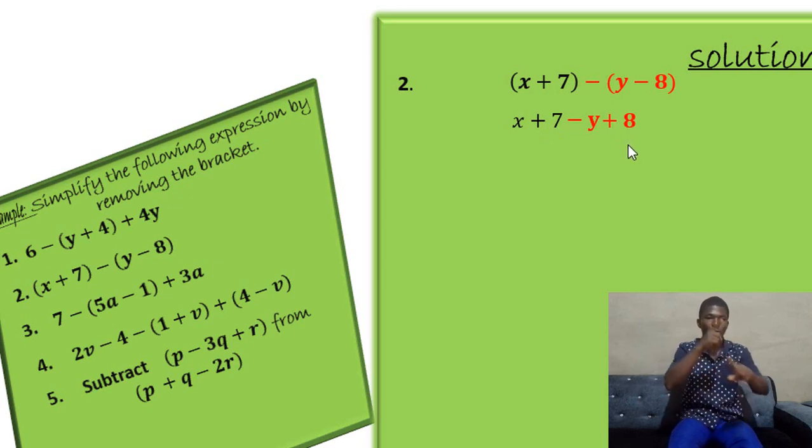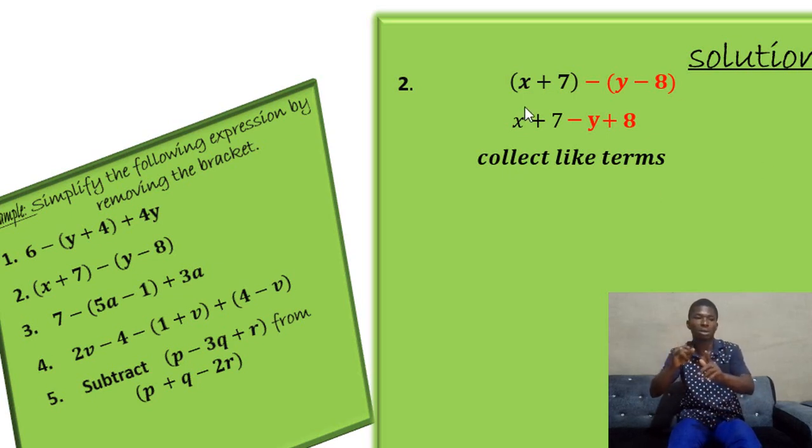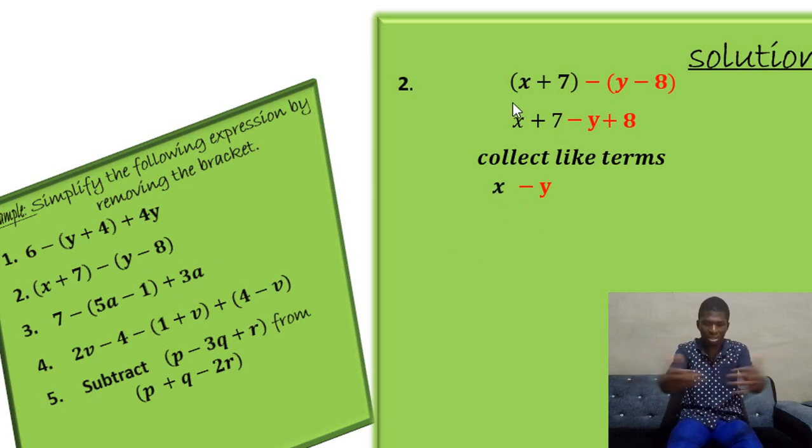So we are still collecting like terms here. What are the like terms here? We have 2 alphabets and we have 2 numbers. The 2 alphabets are like terms and the 2 numbers are another like terms. So I gather the 2 alphabets on this side: this is x and this is minus y. Then on the other side, let me have positive 7 and positive 8.